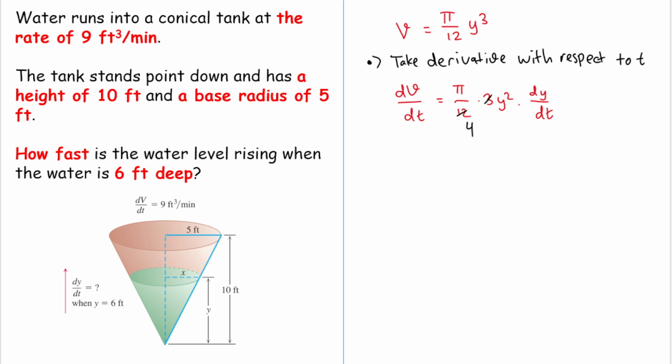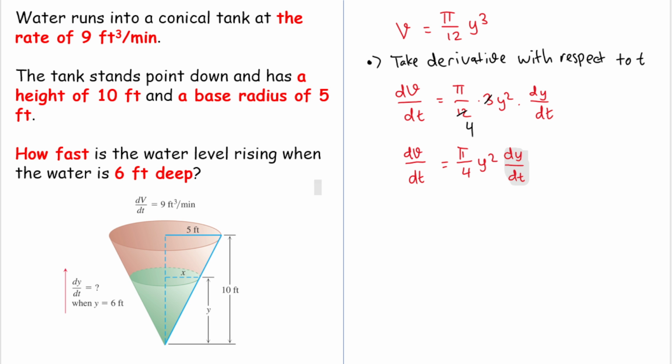Let's simplify this one here. So we will have dV over dt equal to pi over 4 multiplied by y squared and then dy dt. Okay, let's see the question here. How fast is the water level rising when the water is 6 feet deep? So how fast is y rising? That is dy dt, this part here.